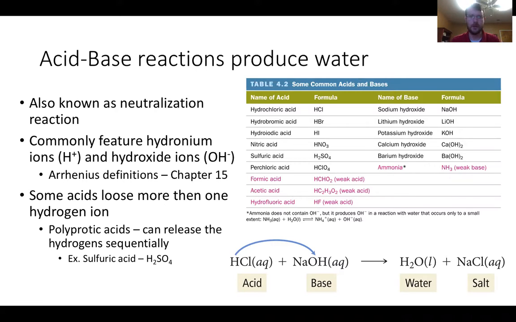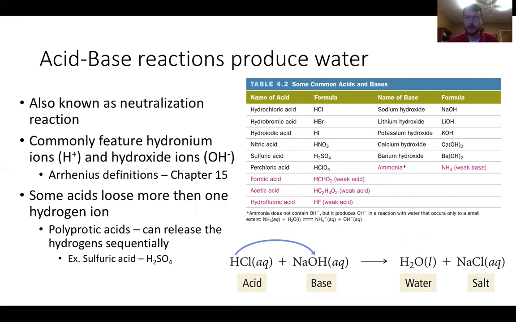The way I would write H2O for the purposes of this is HOH, because then you know that the H comes from the acid. Remember, acids have H's at the beginning, bases have OHs, hydroxyl groups. When these dissociate, they dissociate into the hydrogen and the hydroxyl, and those two combine to form water.